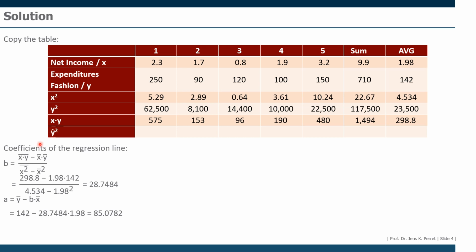What's y hat? Well, y hat is the value I get if I insert my x value in the regression line. Or in other words, if I calculate 2.3 times 28.75 plus 85.